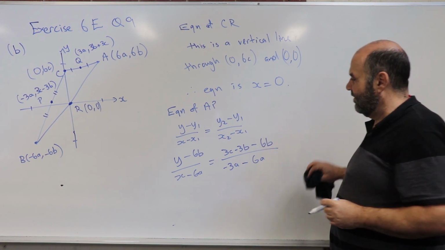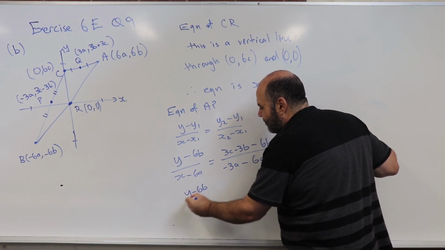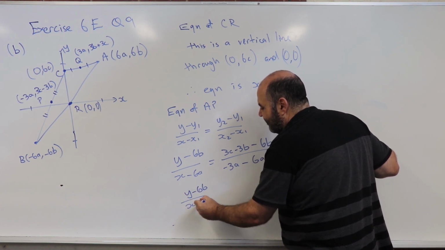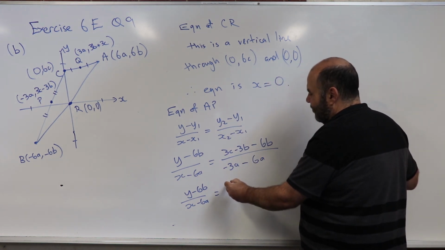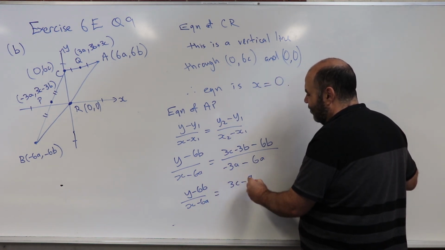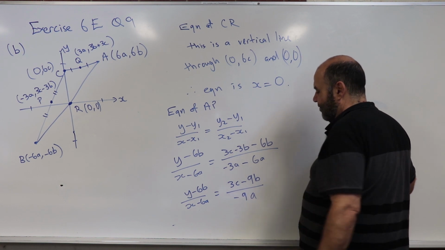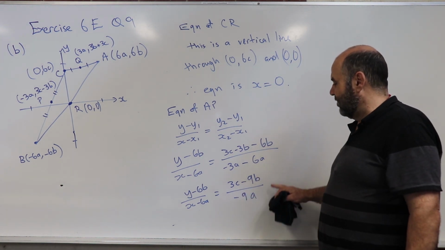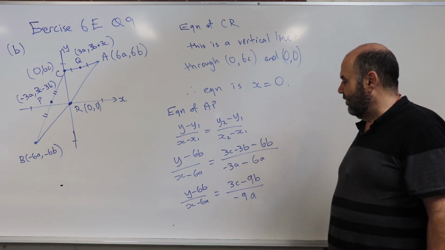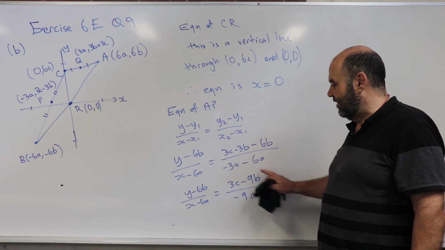Okay, so let's neaten that up a little bit. I've got y minus 6b over x minus 6a equals 3c minus 9b over negative 9a. Now you're probably looking at that and thinking, gosh, Mr. Obeid, there's a 3 that'll cancel out from everything in there.